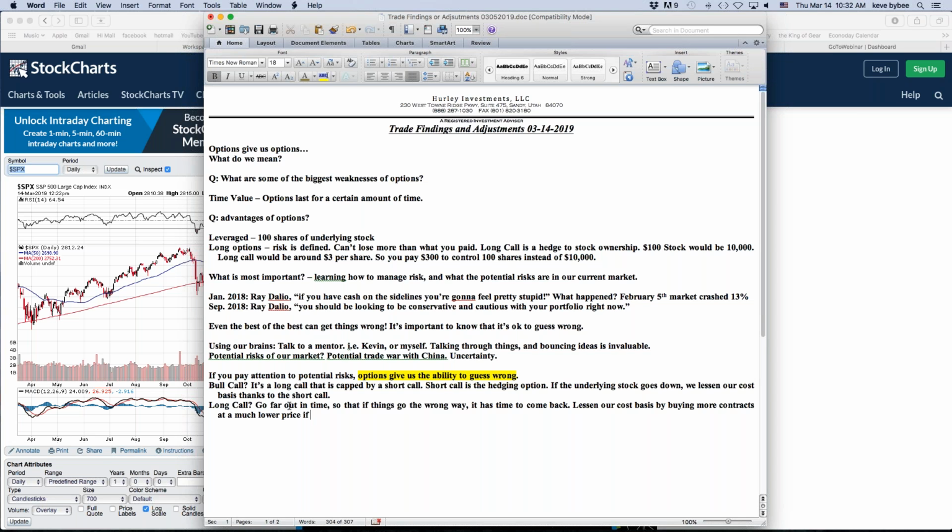So go far out in time, at least talking about LEAP long calls. You can go 6 months, but we're really talking more like a year.